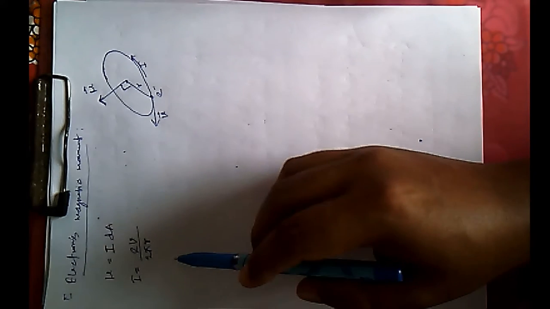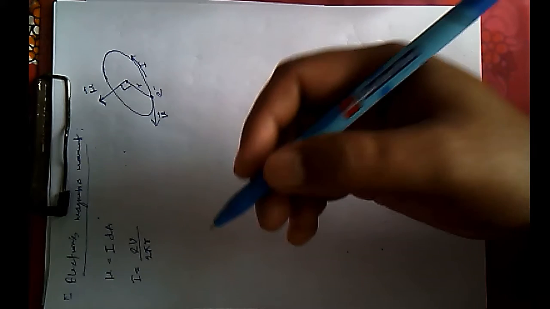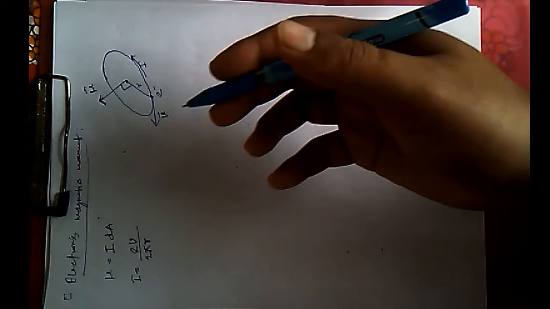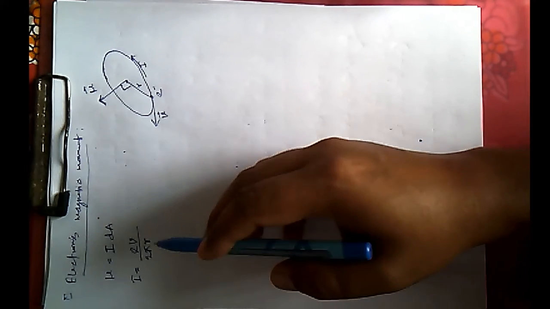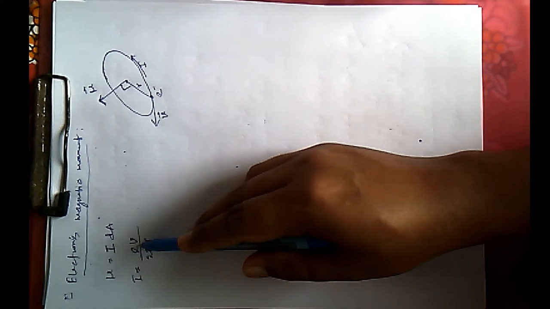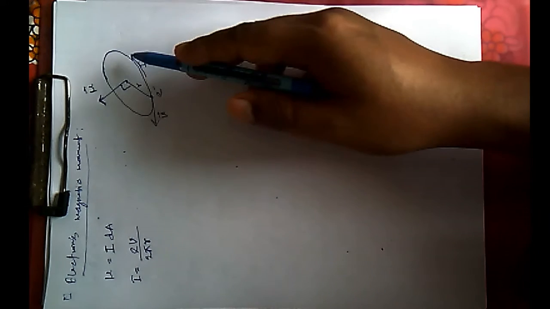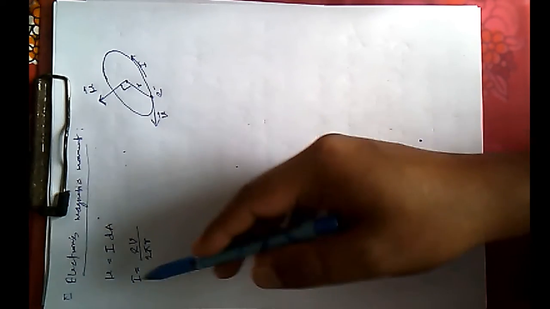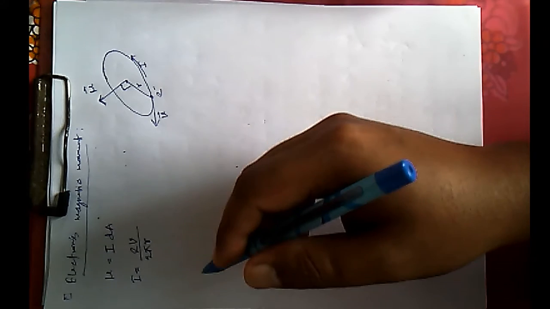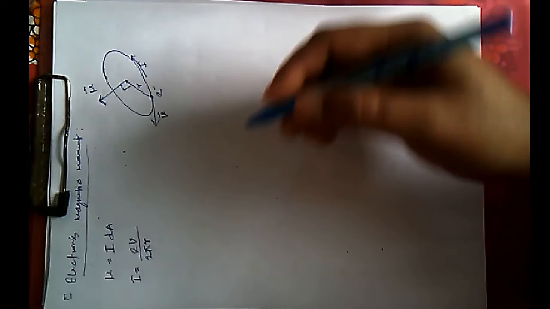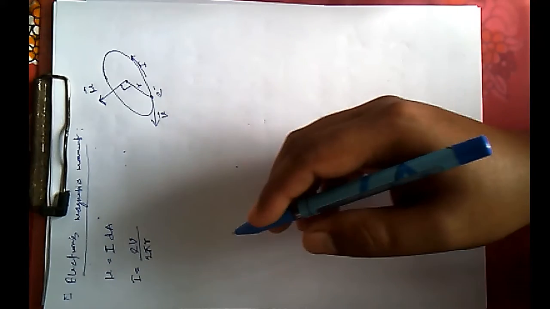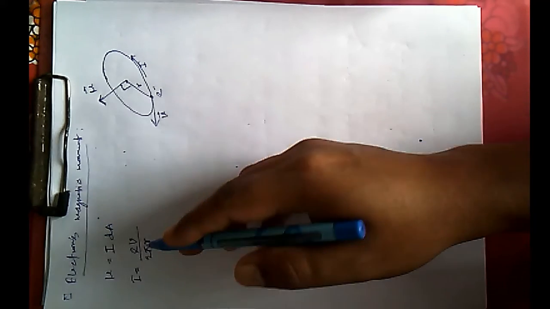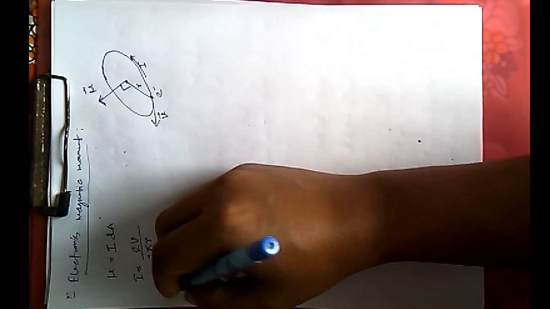This defines the current, dq by dt, the flow of charge per unit time. If I divide by 2 pi r, you will get the current. Fine.